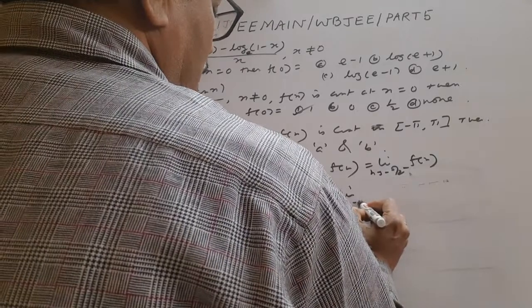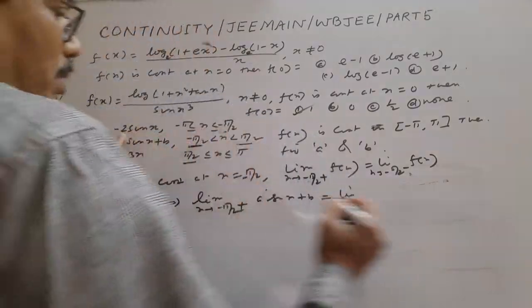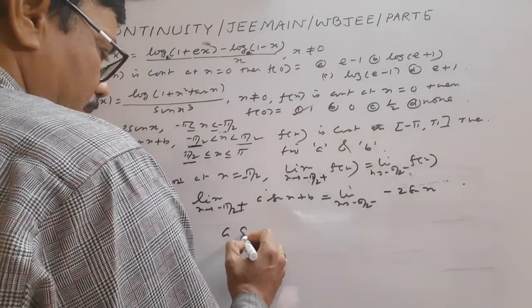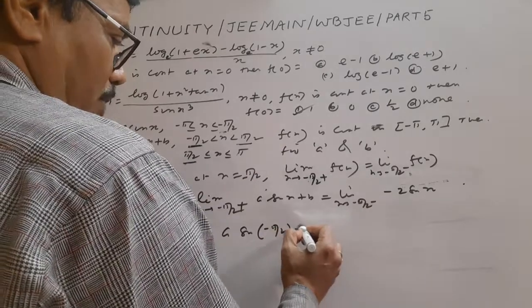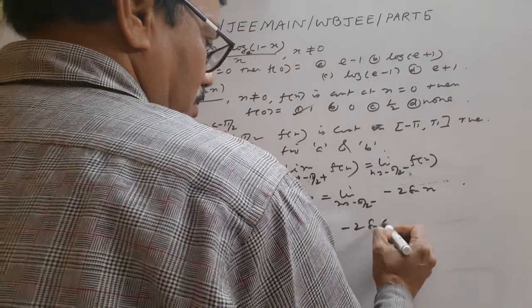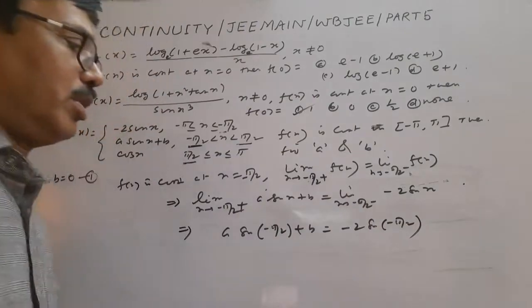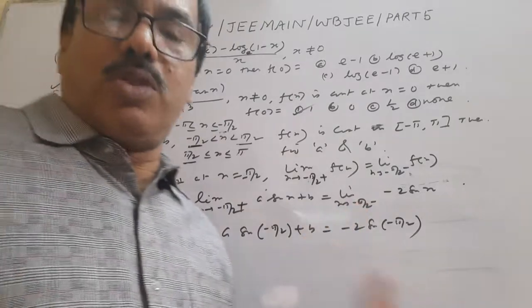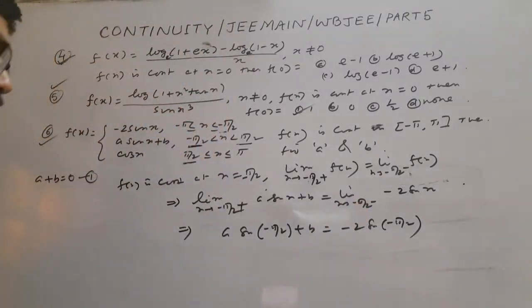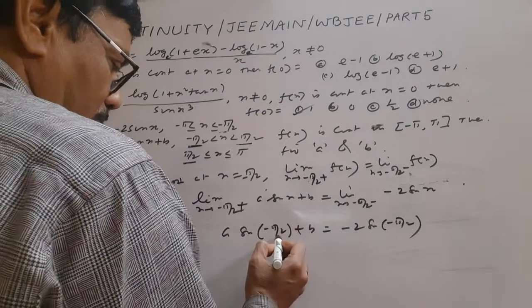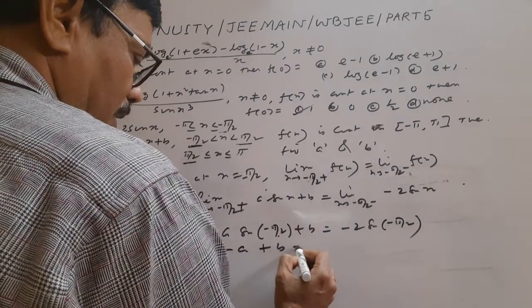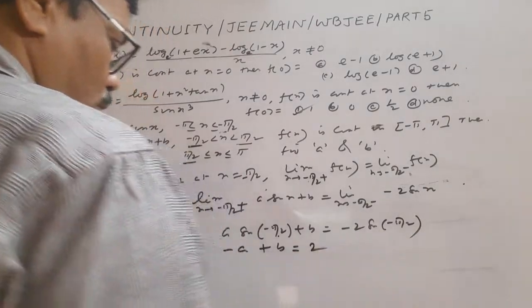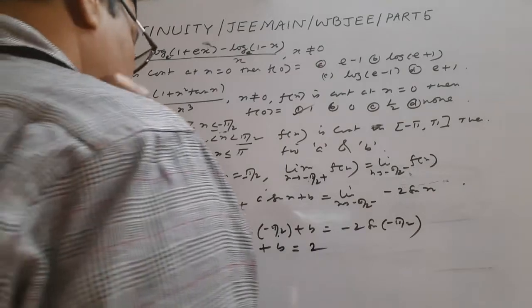Limit x tends to minus pi by 2 minus, less than minus pi by 2: minus 2 sin x. So a sin(minus pi by 2) plus b, and minus 2 sin(minus pi by 2). If it is minus pi by 2 plus or minus pi by 2 minus, we always use minus pi by 2. So sine of minus theta gives minus a plus b, and this minus becomes plus 2. So minus a plus b equals 2.